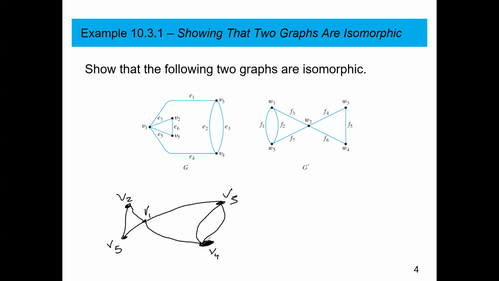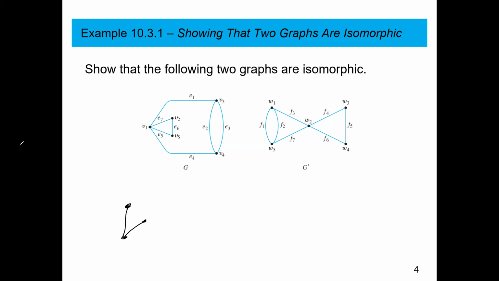Let me make the vertices bigger so it actually works. Now, if you look at it real quickly, you can see the relationship. W5 and V4 are related. Then obviously this edge is related to F1, this edge is related to F2. By the way, those two edges, I could have swapped them and it wouldn't have mattered. You still would have had an isomorphism.